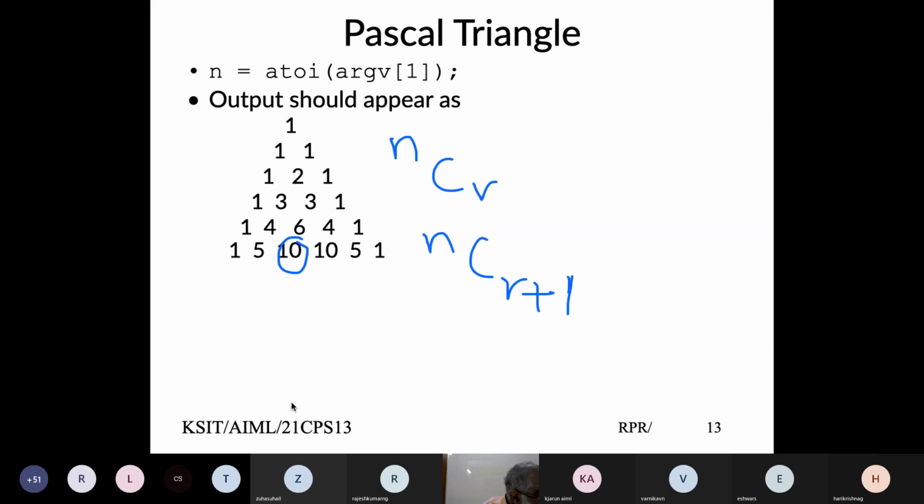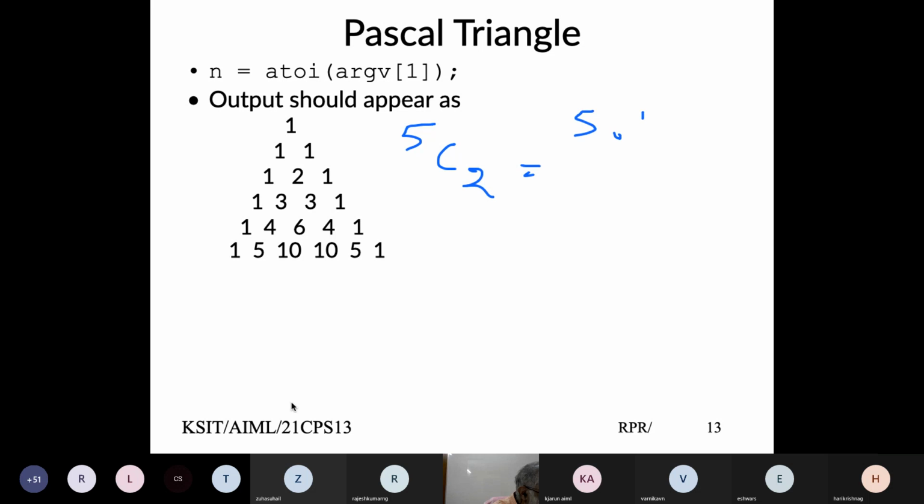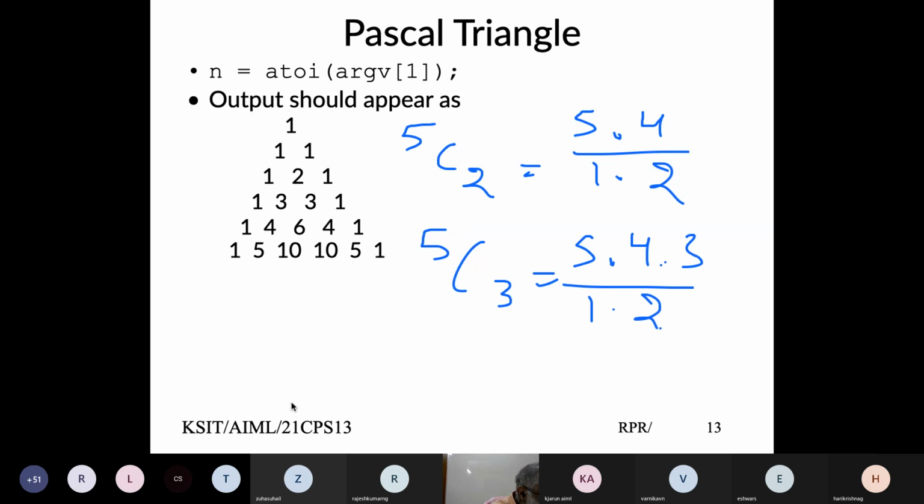Let me look at a simple example. I know what my 5C2 is: it is 5 into 4 by 1 into 2. What is my 5C3? 5 into 4 into 3 by 1 into 2 into 3.